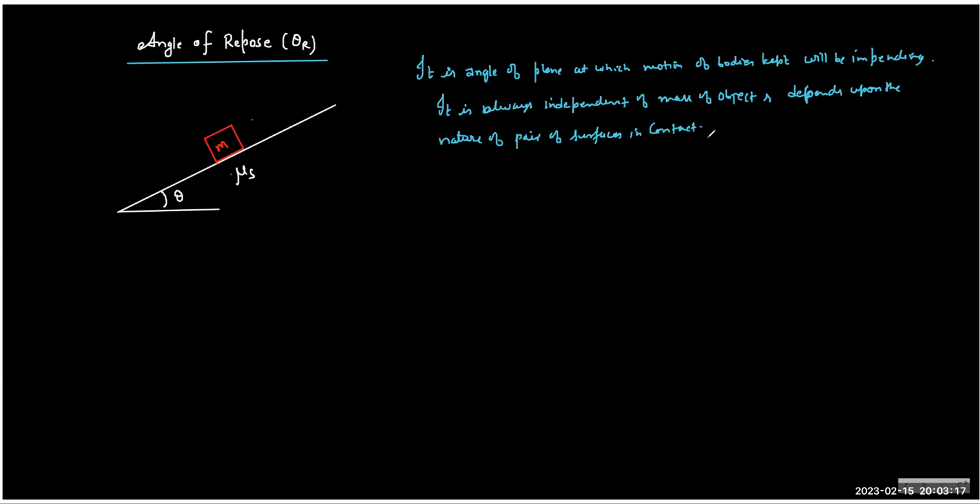So if you are standing on the surface and someone else is standing, wearing shoes of different brands, probably you will have a different angle of repose, because they will have different surfaces, different quality, and so a different angle of repose as well.